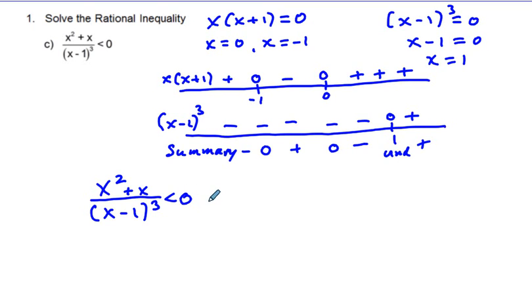And we just look at our summary line, we're looking for the negatives here. Well, here we have a negative for greater than negative infinity up to negative 1. And is negative 1 included here?